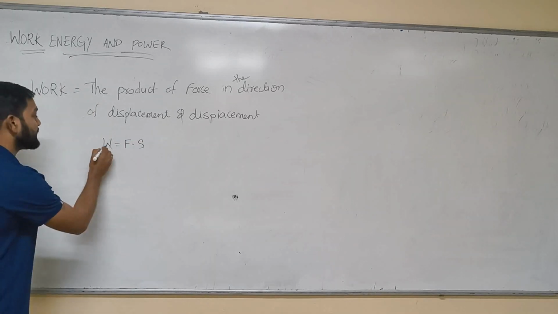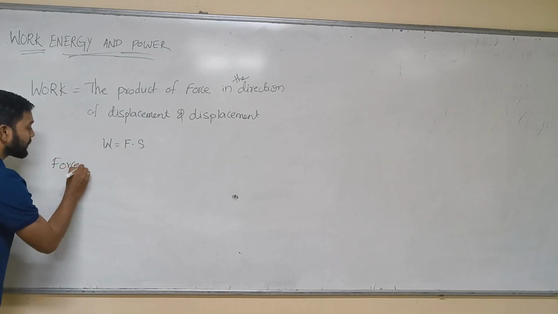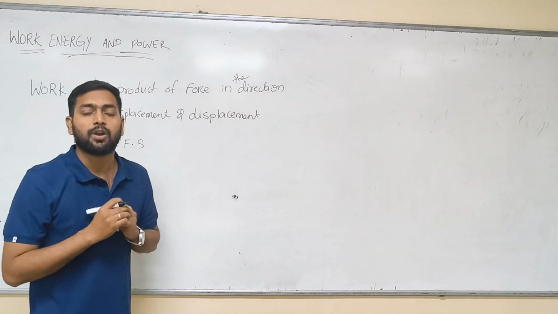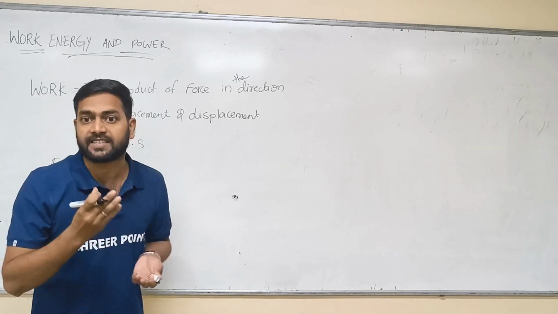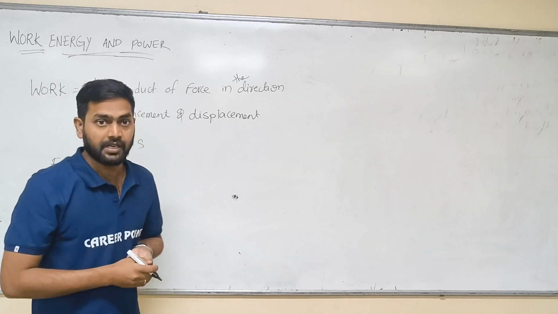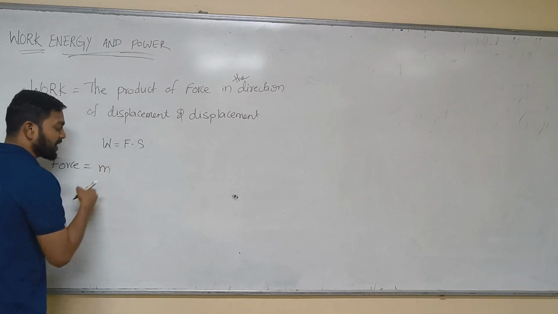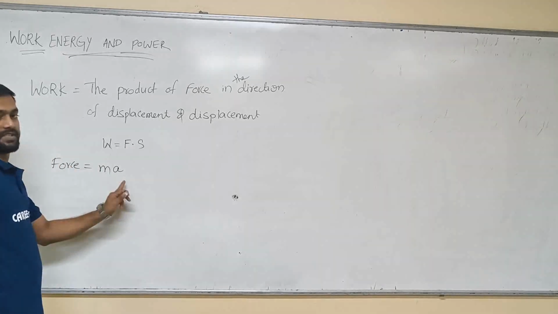Here we know that force is a push or pull on an object to change its shape, size or direction. Force is nothing but the product of mass and acceleration.